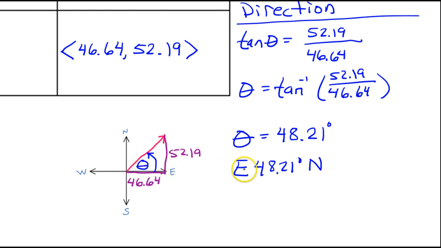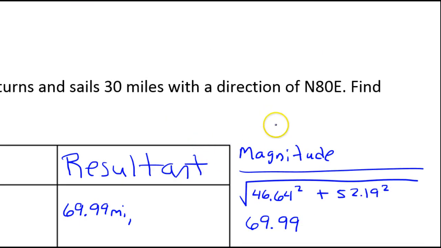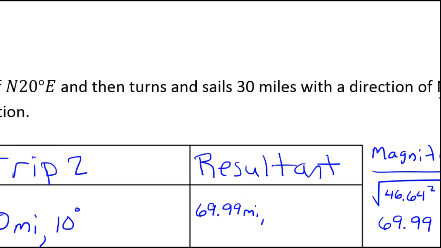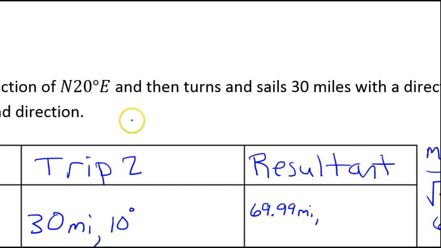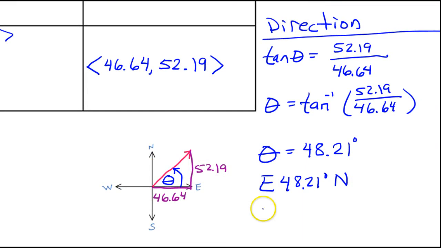So that's one way that we could describe this: east, 48.21 degrees north. Now, however, I'm looking back at the directions that they gave. Both of them started with north. North 80 degrees east, north 20 degrees east.